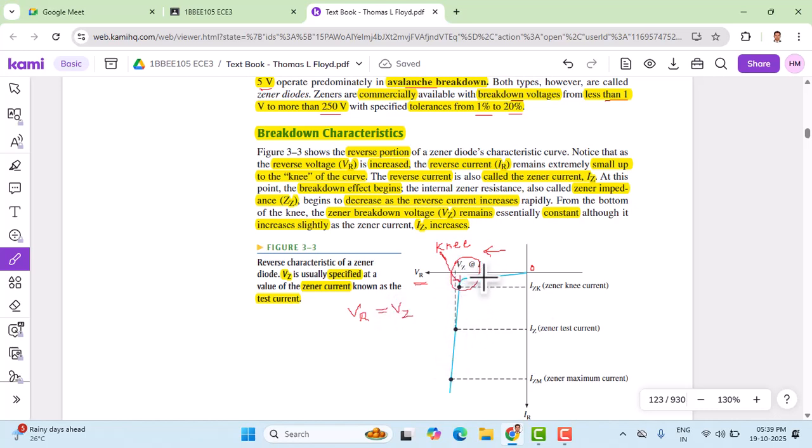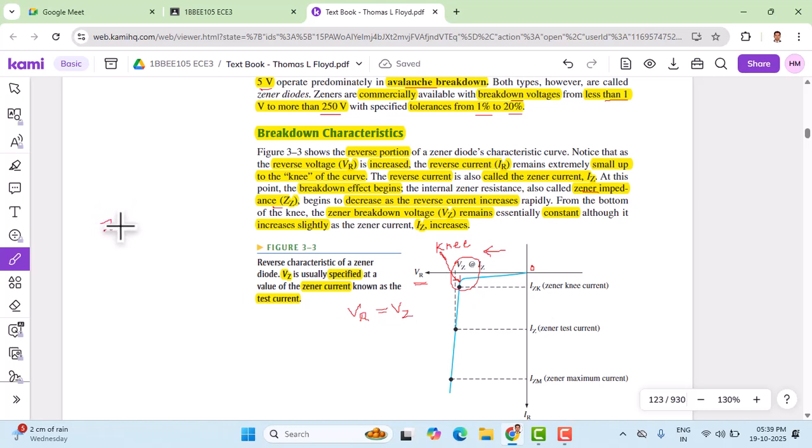The reverse current is also called the Zener current. At this point the breakdown effect begins. The internal Zener resistance is also called the Zener impedance, represented by ZZ.